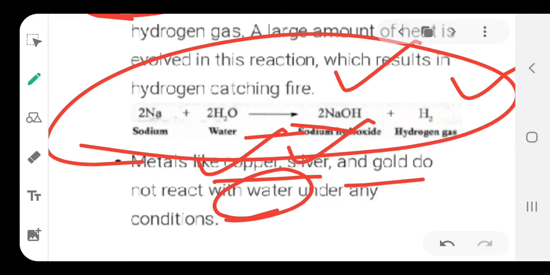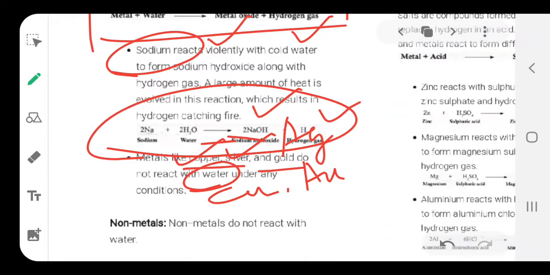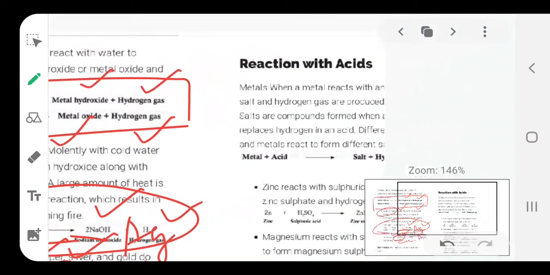I have told you copper is Cu, that is its symbol, silver is Ag and gold is Au. These are the less reactive metals, so they won't combine with water.